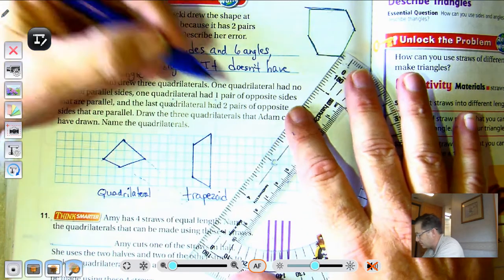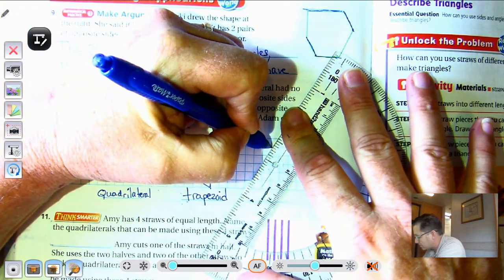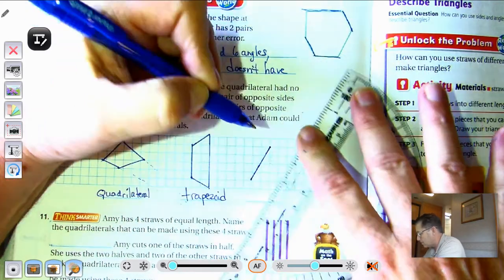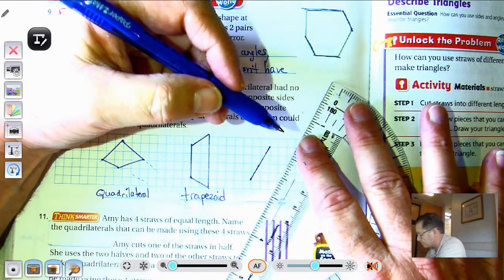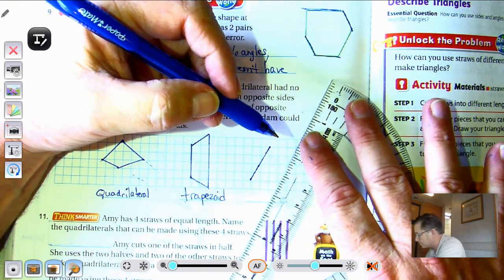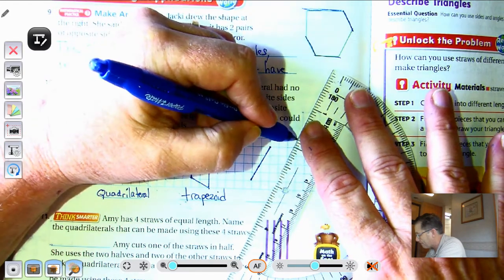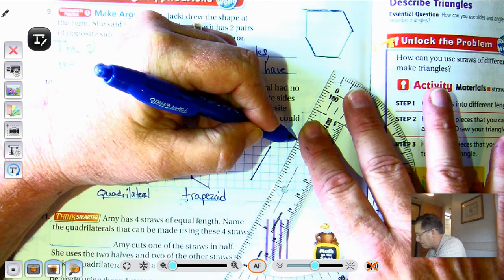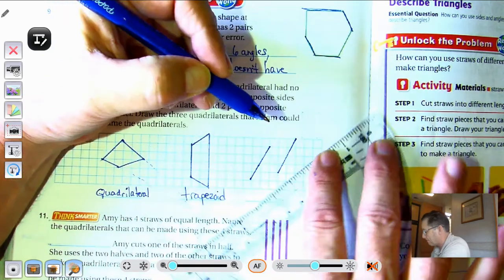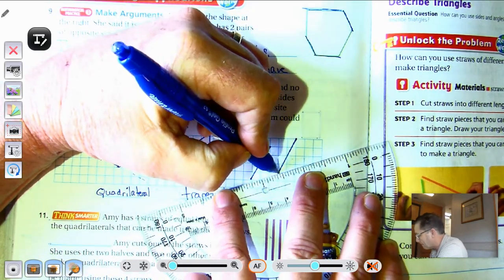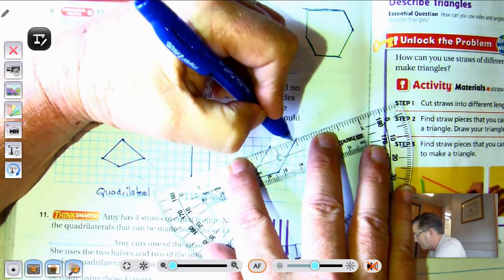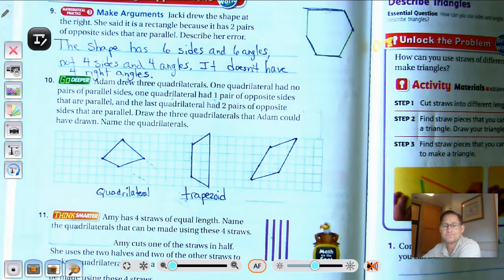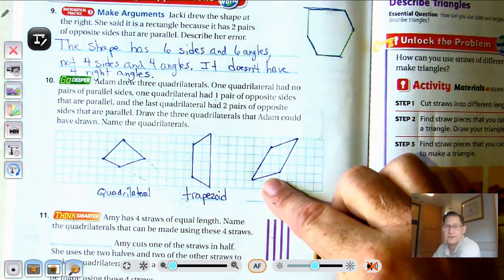Two sides that are parallel. So okay. This side and this side are parallel.